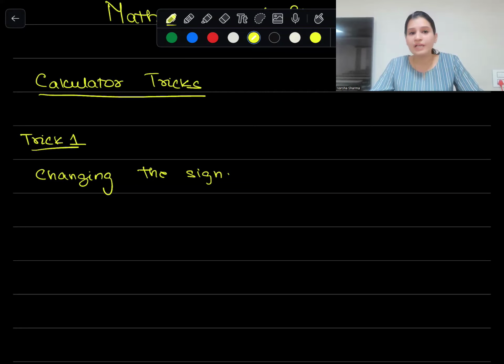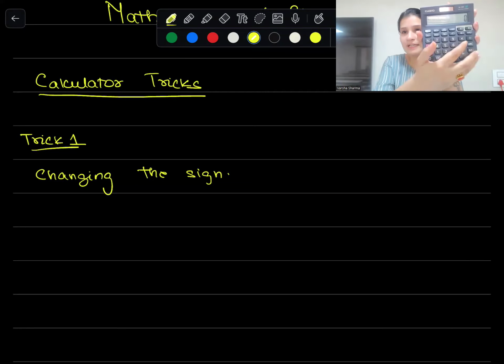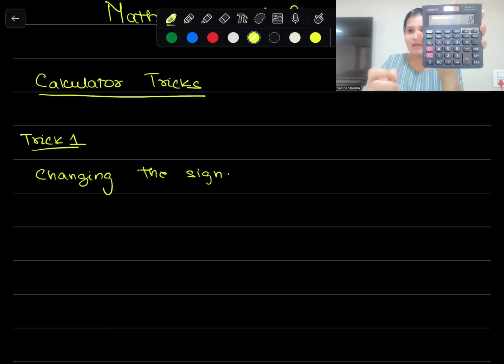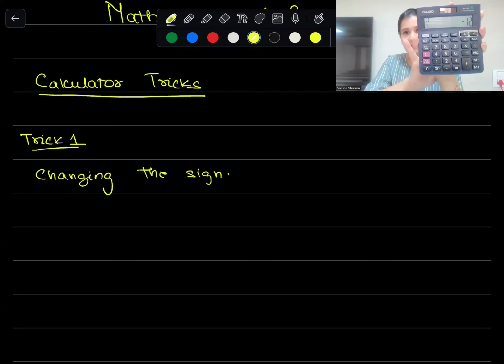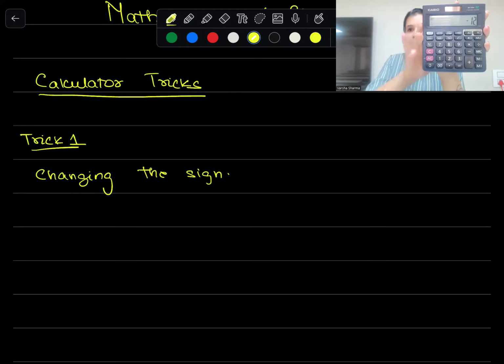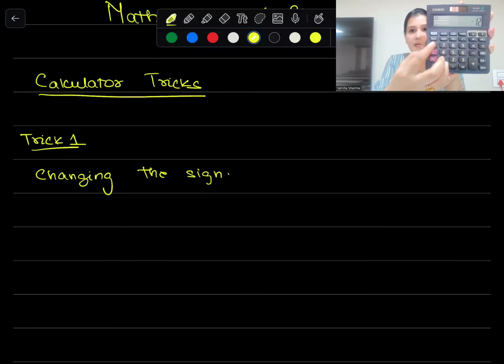So for that, first, for example, put a negative number in your calculator. I have minus 12 here. Now I want to remove the negative sign. In your calculator, you must have this plus-minus symbol.